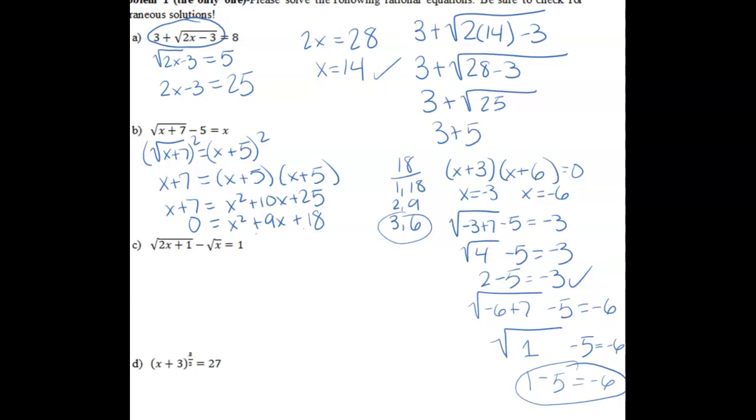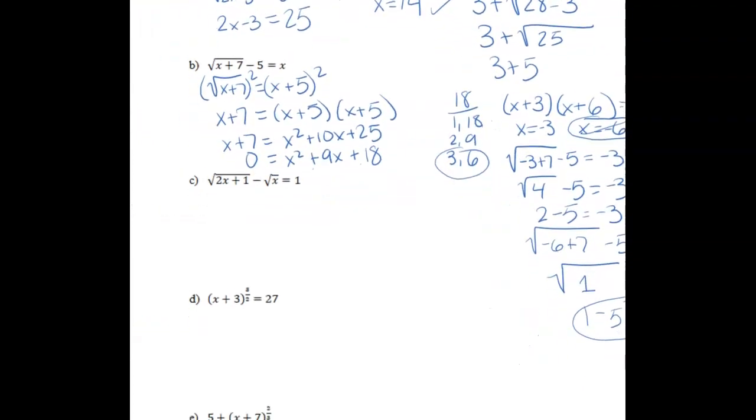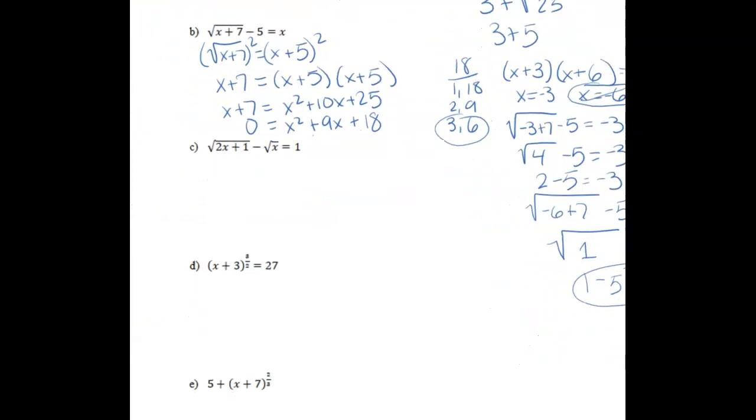So in this case, this is what we consider an extraneous solution. Negative 6 does not yield the same thing on both sides. How I indicate this is I'm literally going to circle this x is equal to negative 6, and I'm going to put a line through it saying this does not work. And that's it. Alright, C looks a little tougher because, well, now I've got 2 square roots.